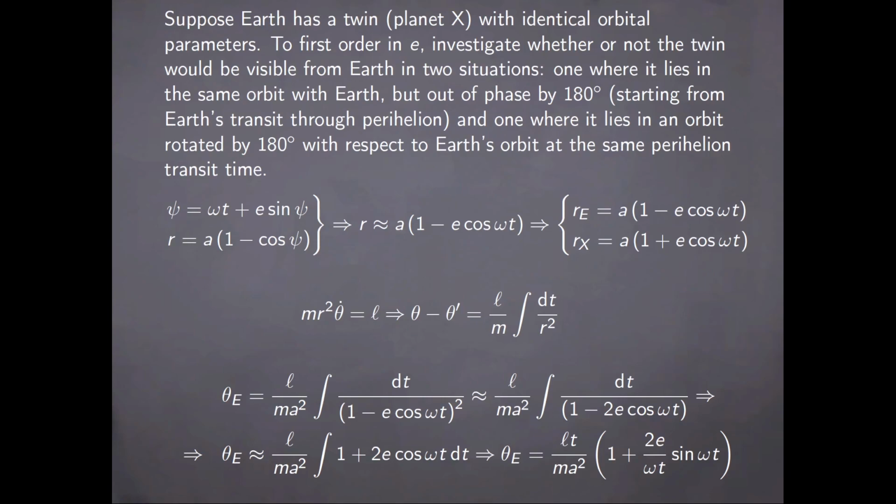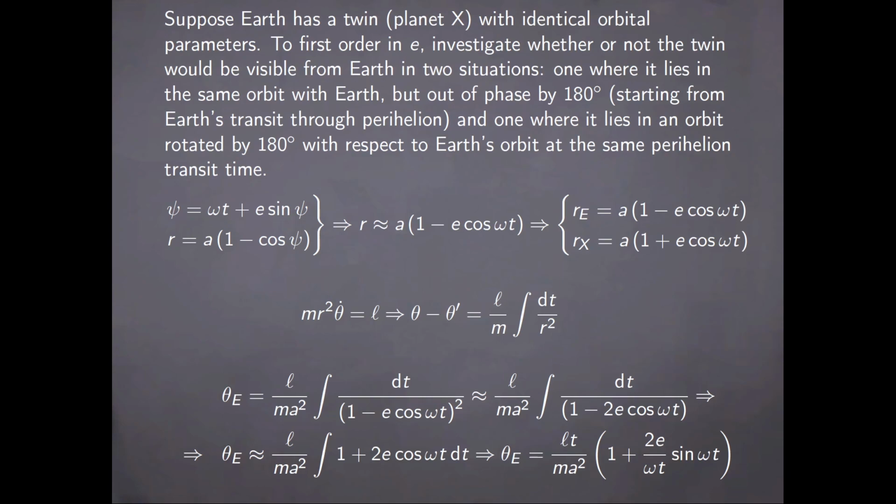Now, an interesting problem which sometimes shows up even in science fiction literature is that of the so-called Planet X, or Planet 10 maybe. So an Earth-like twin planet having identical orbital parameters.